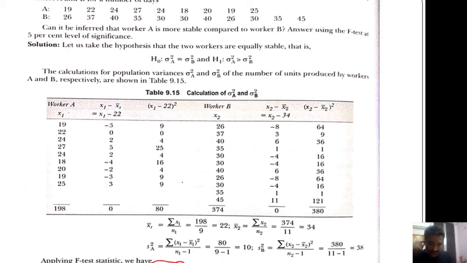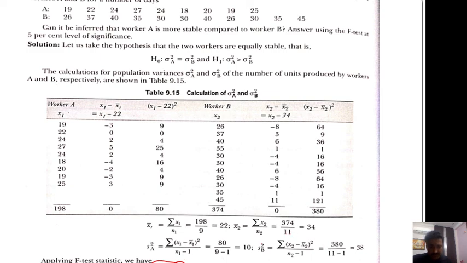Let me count the numbers. Here n1 is 9. Yes, n1 is 9. And what is n2? n2 is 11. So here I think he has taken it wrong.